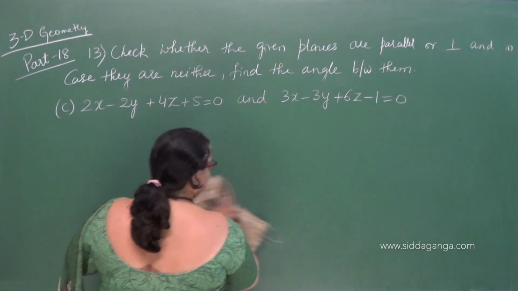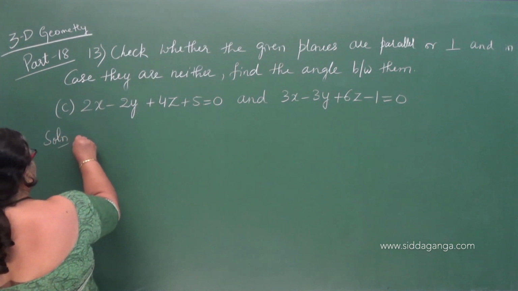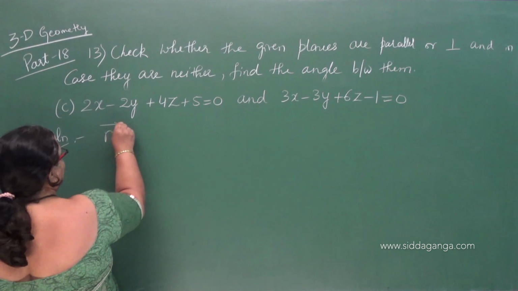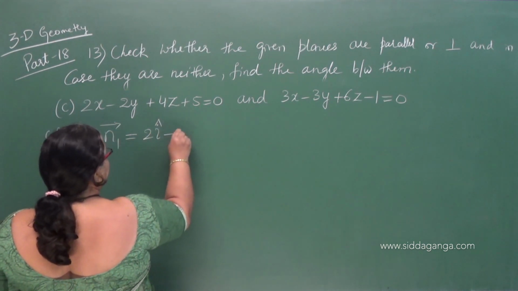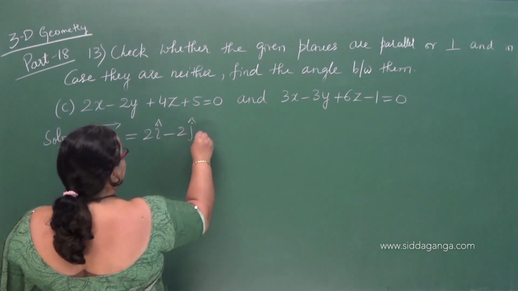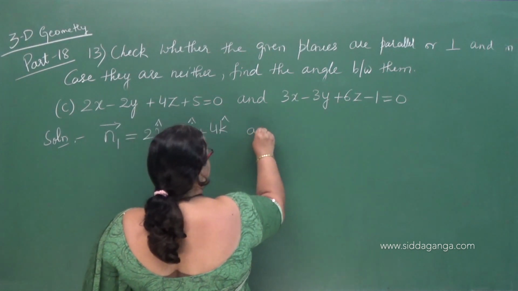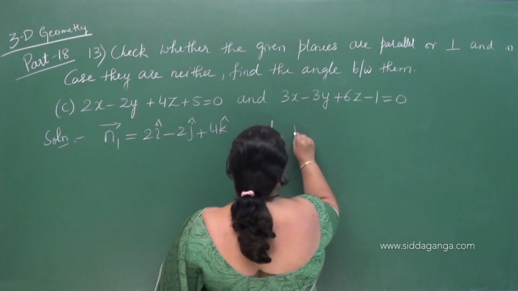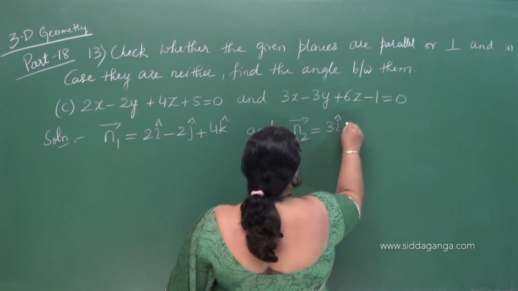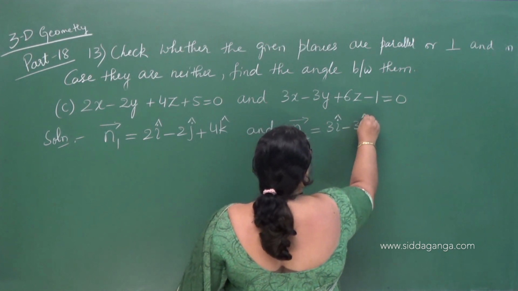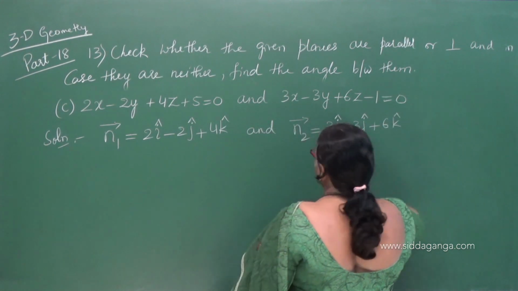So now you take this example. Here the normal vector of the first plane is 2 into i cap minus 2 into j cap plus 4 into k cap, and the normal vector of the second plane is vector n2, 3 into i cap minus 3 into j cap plus 6 into k cap.